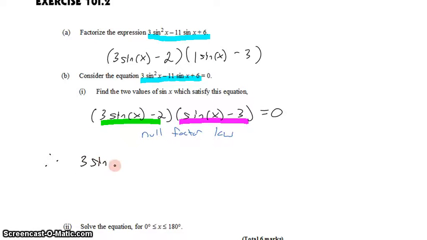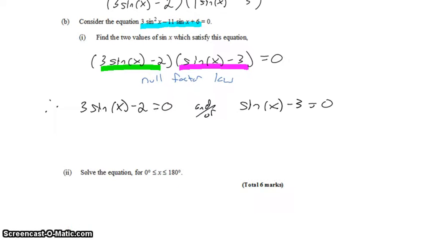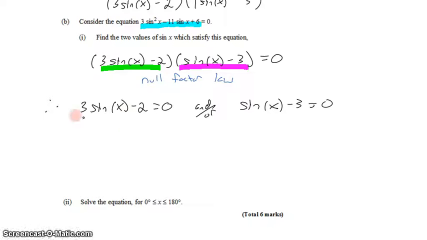So therefore, 3 sine of x take 2 has to equal 0, and or sine of x take 3 has to equal 0. So one or both of them have to be 0. And now it just remains to solve these two equations for sine of x, because it says find two values for which sine of x satisfies the equation.